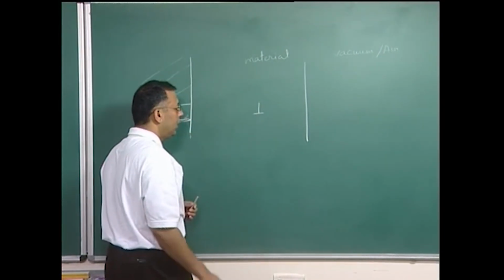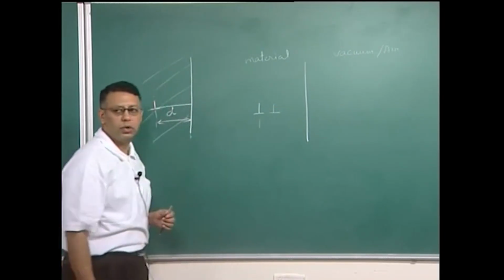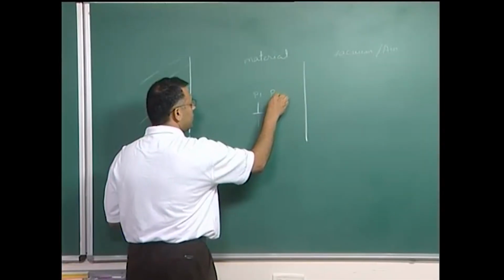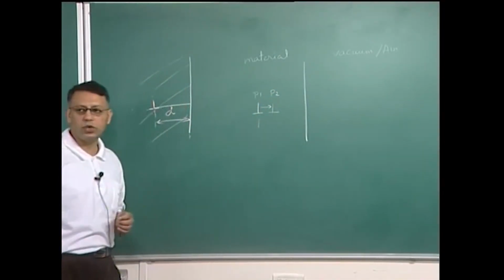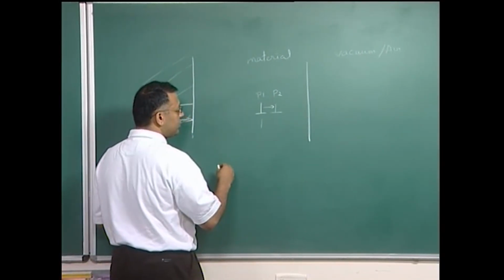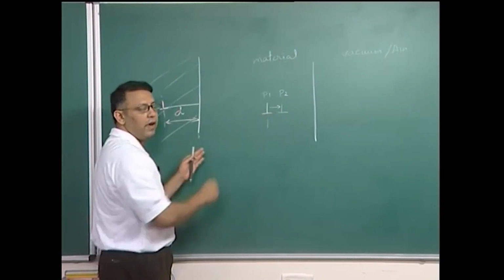Now, the energy of the dislocation would decrease if it is positioned a little closer to the free surface. In other words, if the dislocation is at position P1 and it moves to position P2, then the energy of the dislocation is lower, because if I look at the stress fields of this dislocation, then it is intense closer to the dislocation and it is weaker farther away.